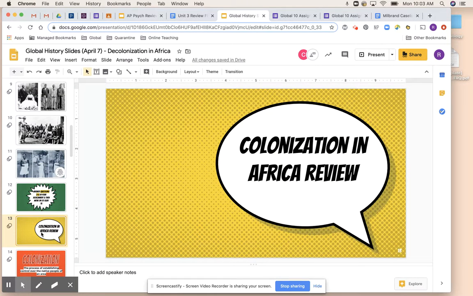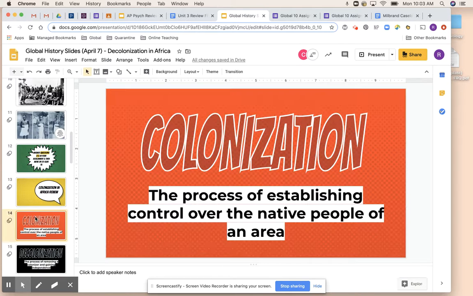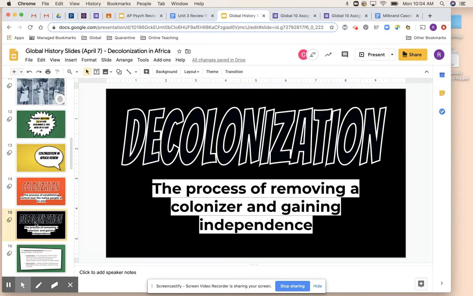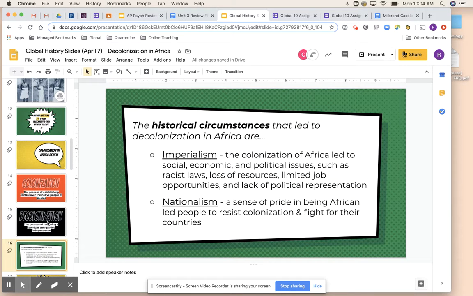And then you'll do a little review, just reading about colonization in Africa. Again, I have the definition of colonization: when you establish control over a group of people. And on the opposite, we have decolonization, which just means the opposite, pushing those people out. And just to review really quickly, if you didn't remember, the picture should have jogged your memory, and also all the things we learned last week should.